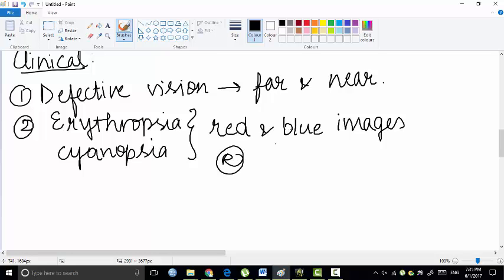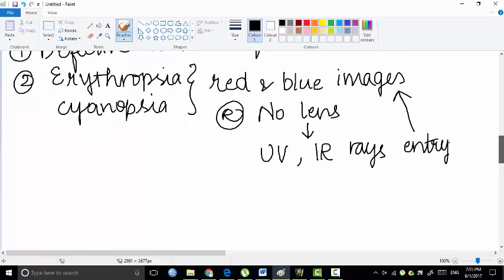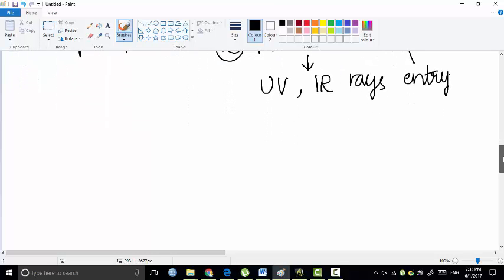The reason is the absence of lens. The lens normally focuses only the visible light, but without it there is entry of ultraviolet rays and infrared rays along with visible light. This entry of ultraviolet and infrared rays leads to red and blue images being seen. Such a condition is called erythropsia or cyanopsia.